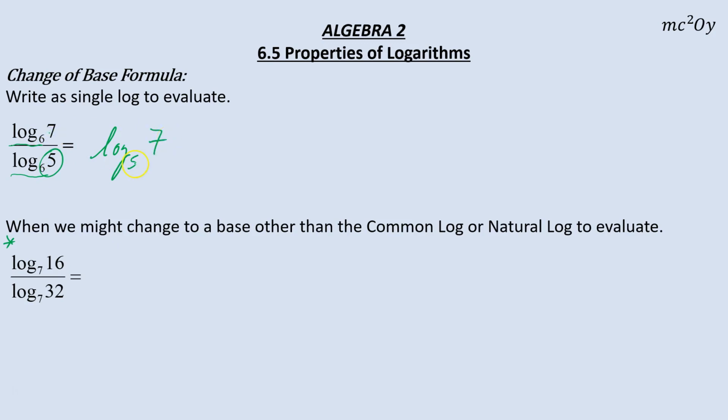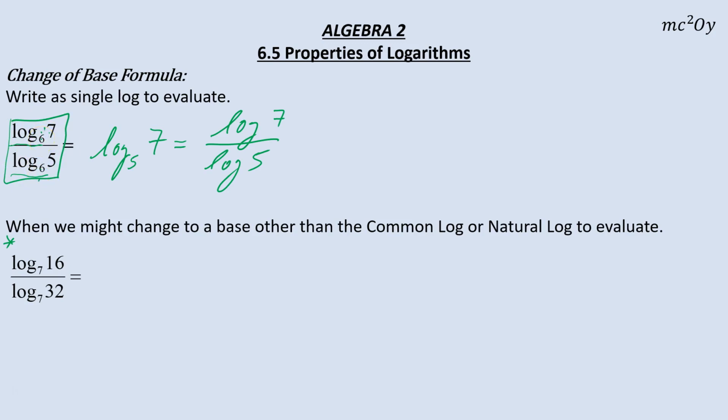So notice if I said, hey, apply the change of base formula to this, well, that would become log of 7 over log of 5. Notice I don't have a 6 here.